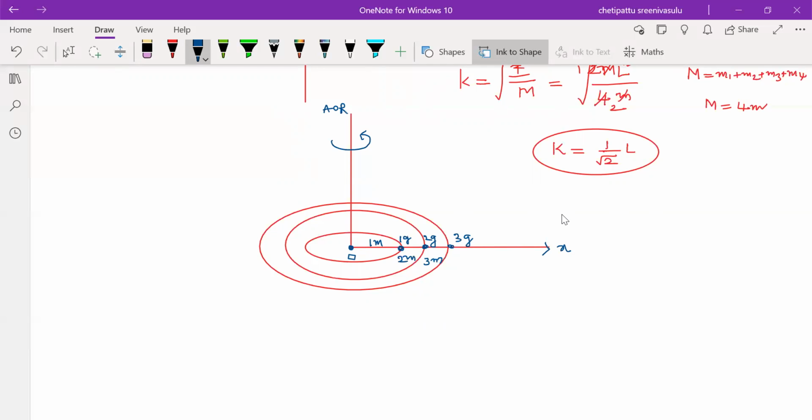Look at here, moment of inertia. What is the formula? I equals sigma m r square. Sigma m r square, what does it mean? M1 R1 square plus M2 R2 square plus M3 R3 square, for 3 masses.